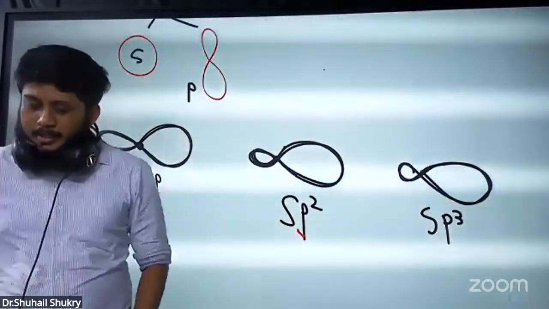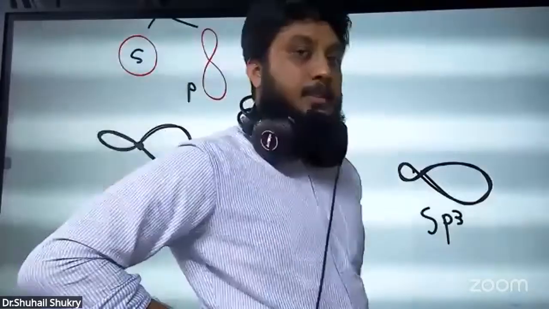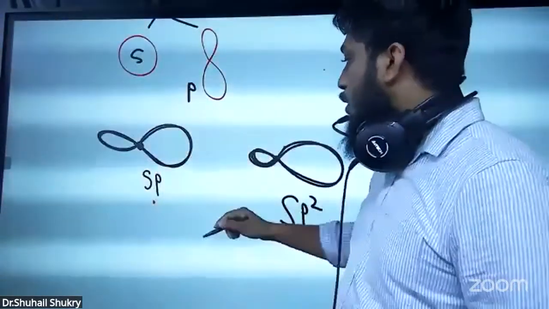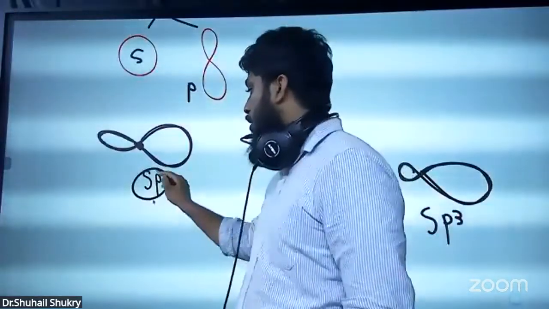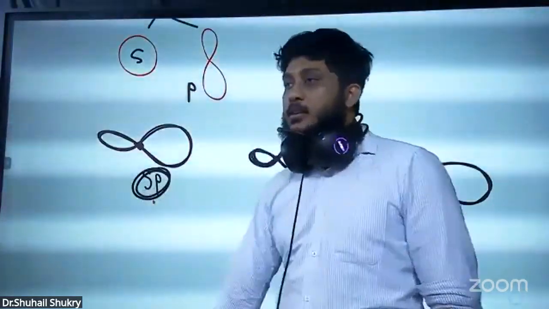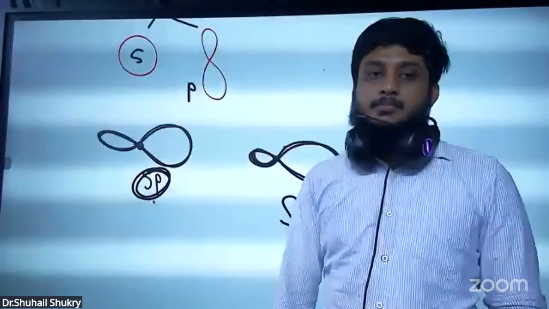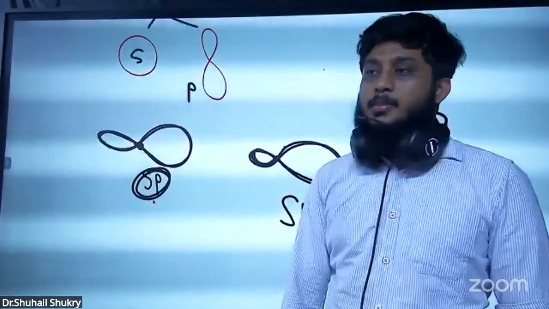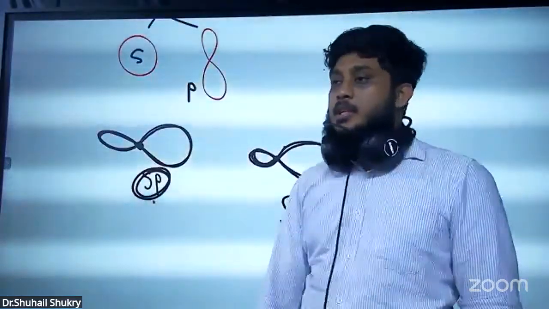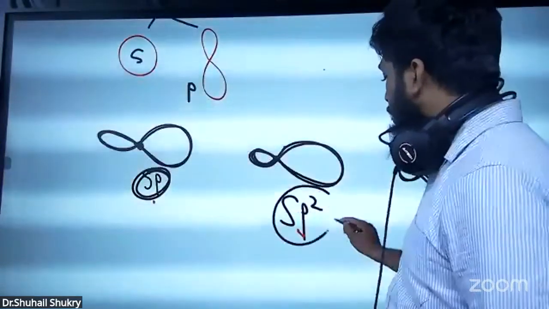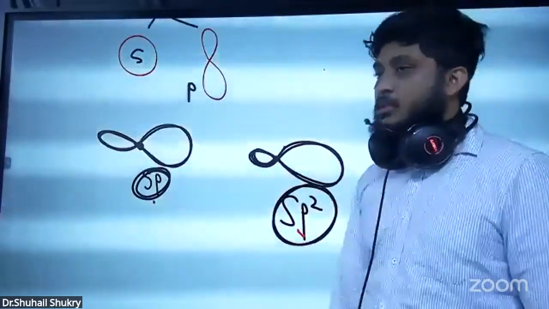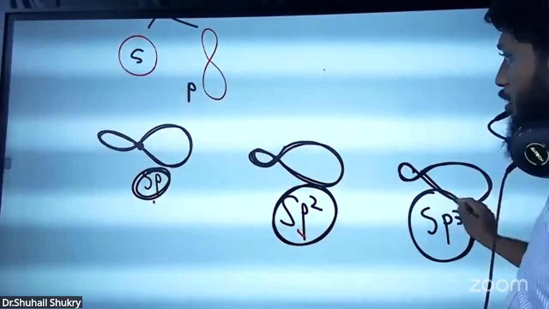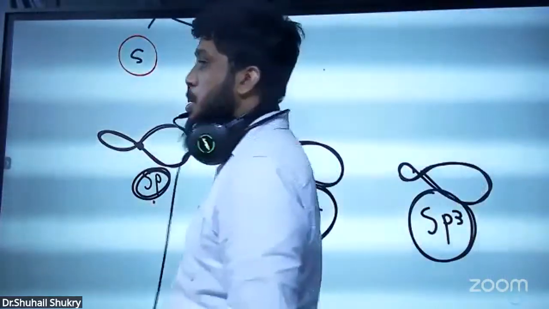These things we have already done, I'm just recalling them, right? So remember, if it is sp hybridized, how many sp hybridized orbitals will be there? If it is sp2, how many sp2 hybridized orbitals will be there? If it is sp3, how many sp3 hybridized orbitals will be there? Do you have any idea?